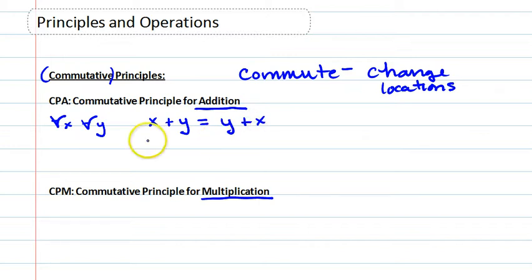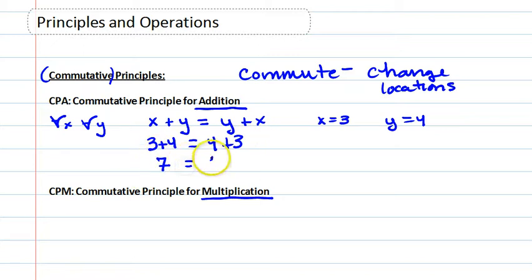Let's try it with numbers. Let's say x equals 3 and y equals 4. So 3 plus 4 should be equal to 4 plus 3. So I've substituted here now. 3 plus 4 is 7, which equals 7. And this is true. And this is what we call the commutative principle for addition.